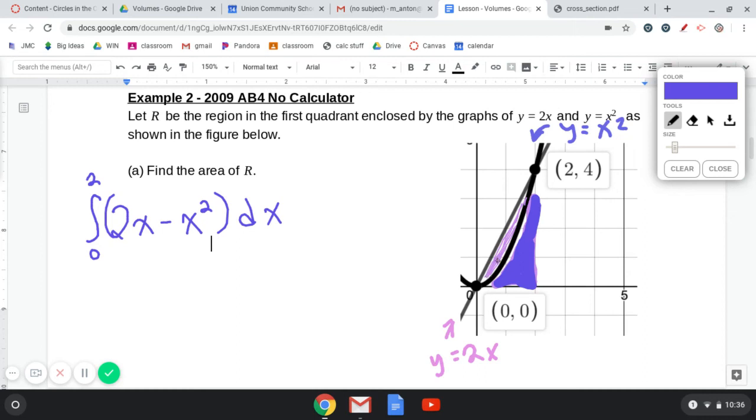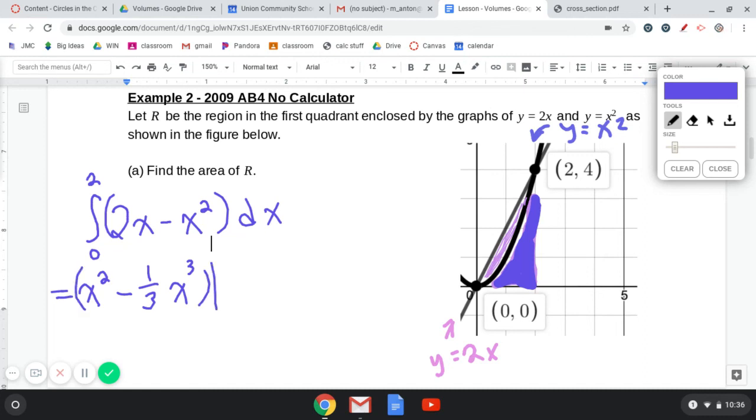That'll get us just this area between these two functions. In other words, it's this top function minus the function underneath of it. Okay, so we'll do this one by hand just for the practice. So the integral of 2x is x squared minus the integral of x squared, which is x cubed multiplied by the reciprocal of the new exponent, so 1/3 x cubed.